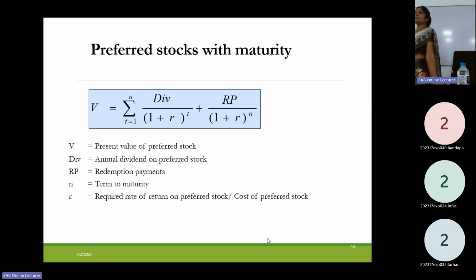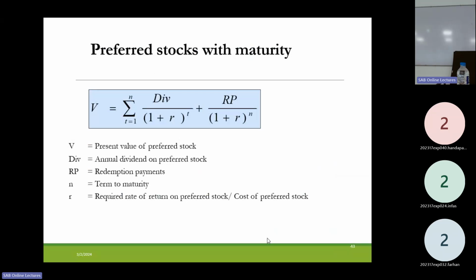So you discount the dividend to the present as an annuity-type cash flow. Then the redemption price, RP, or the maturity payment, is a single lump sum payment, which you discount as a single cash flow. Here r is the preference shareholders' required rate of return.